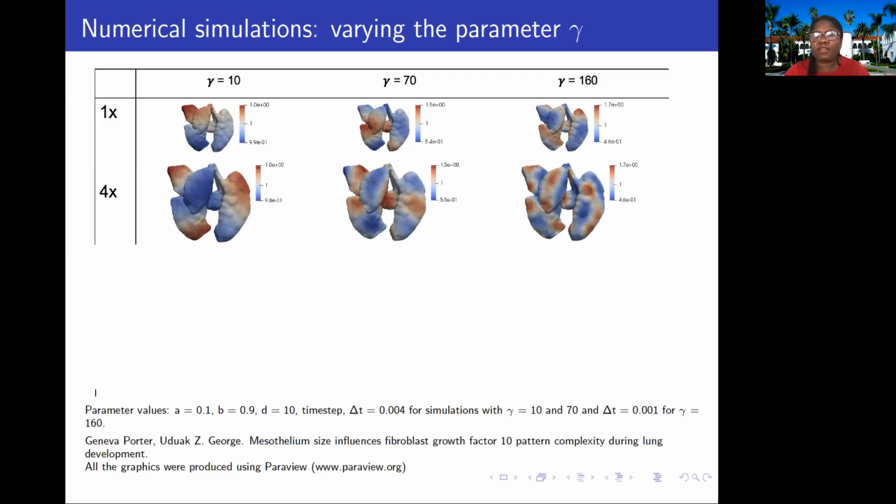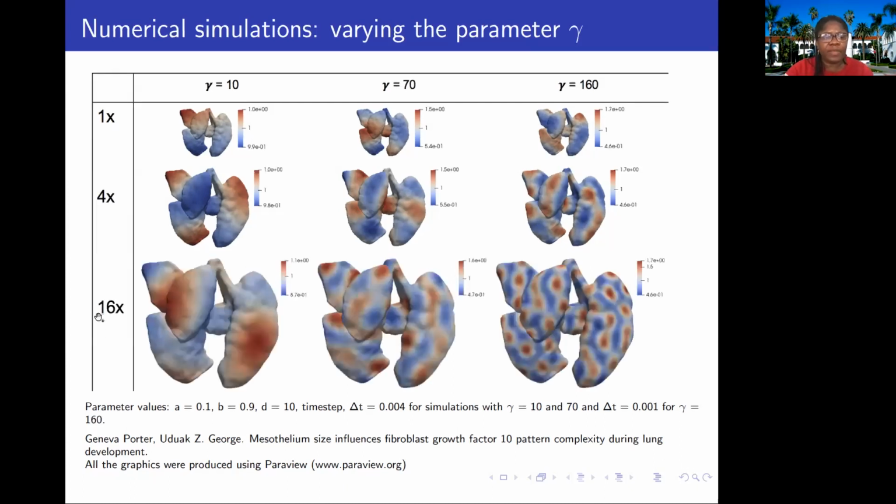Now, it's still an open question what makes us have these different complex patterns. But what the model is telling us here is that the size growing on its own can increase the complexity of the patterning. Now we have 16 times, and we can see that as we make gamma 160, the expression patterns are much more complex.